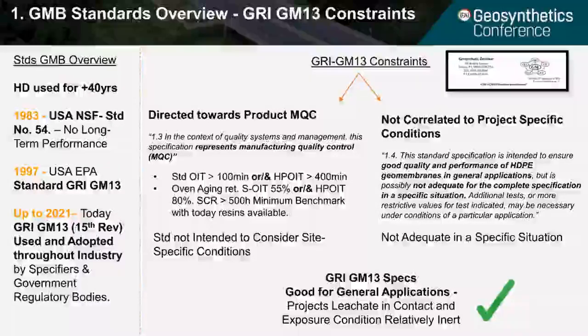In view of this, GRI GM13 may be viewed as a minimum benchmark measure to evaluate geomembrane performance in low-risk containment applications. For sure, it is good for general applications where the project's leachate contact and exposure conditions would be relatively inert.